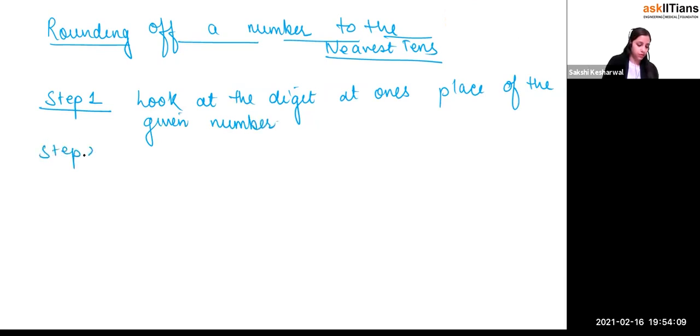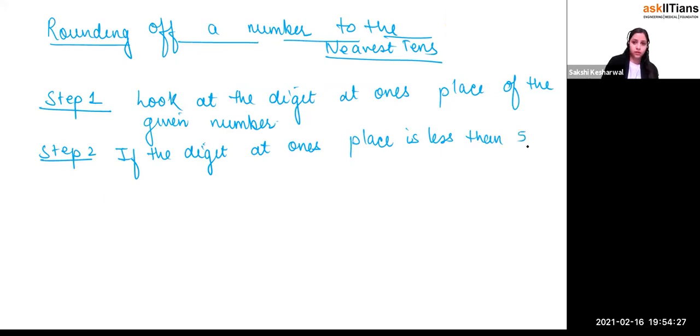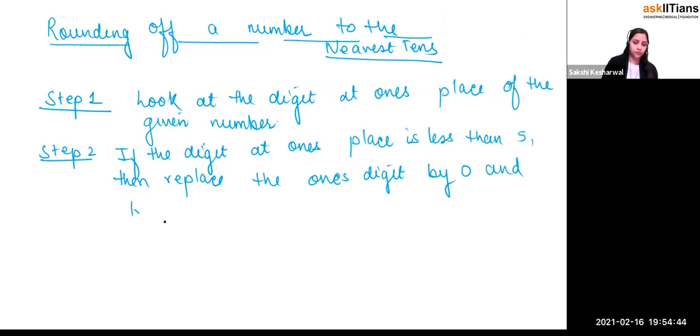Step two: if the digit at ones place is less than 5, then replace the ones digit by 0 and keep other digits of the number as they are.